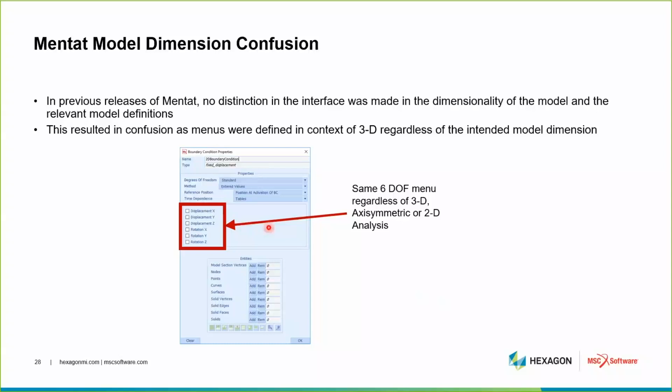Once you're accustomed to this, it's a bit of a pain, but it's not impossible to work around. For our newer users, it's a bit of a disconnect as well, because they want to run a 2D model and they might erroneously interpret it as saying, oh, I need to define my displacement in Z, where it just doesn't apply.